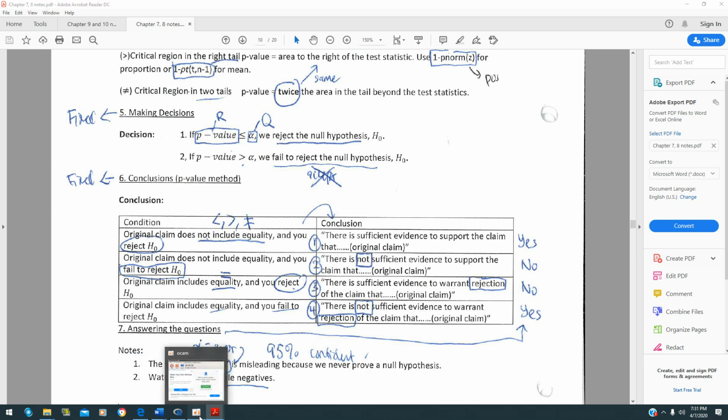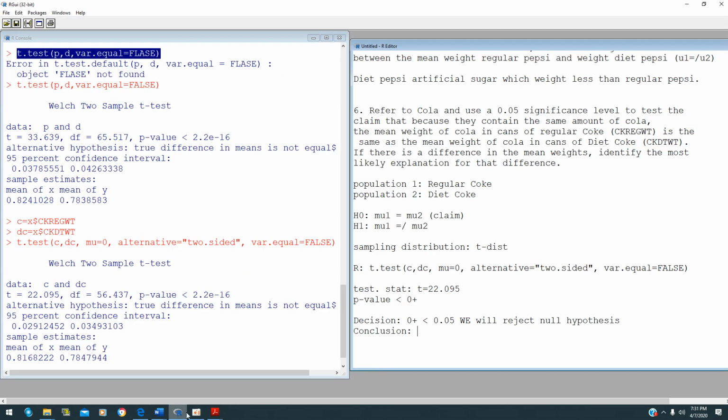So this is how you're going to type your conclusion: there is sufficient evidence to warrant rejection. Don't forget the words warrant rejection need to be used here. Of the claim. And what is your claim in this case? Just copy and paste from your claim statement.